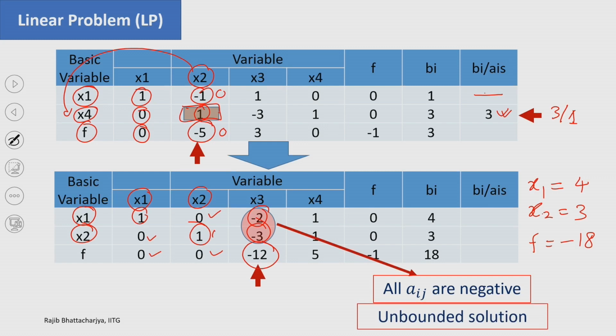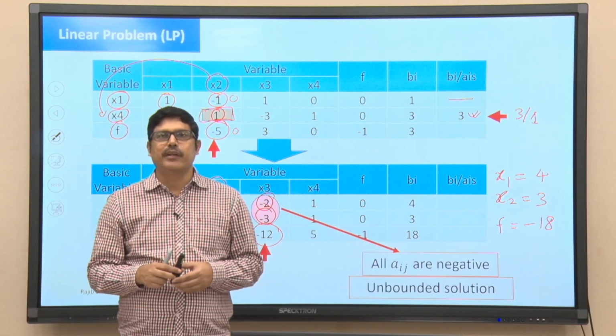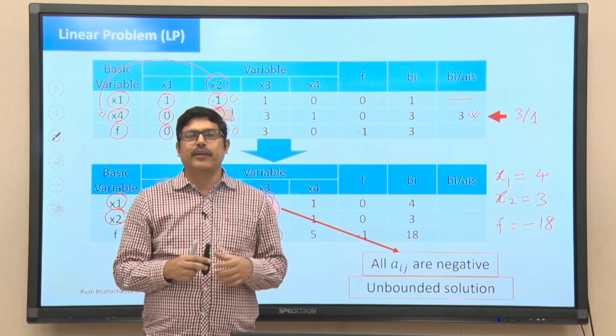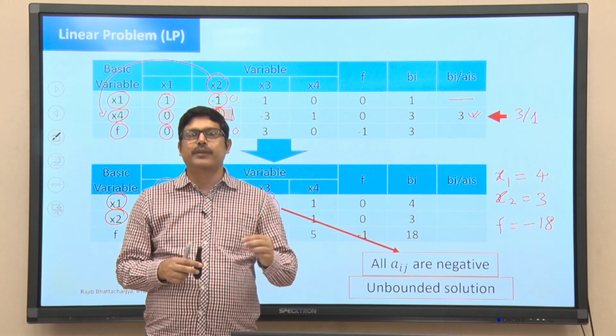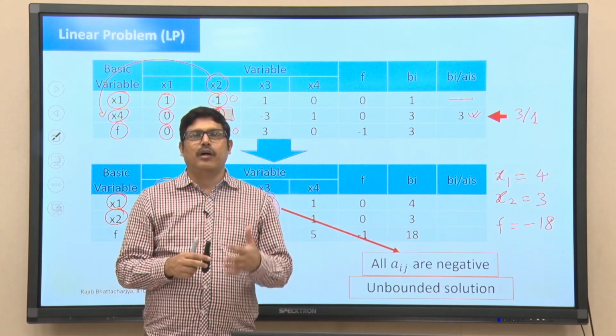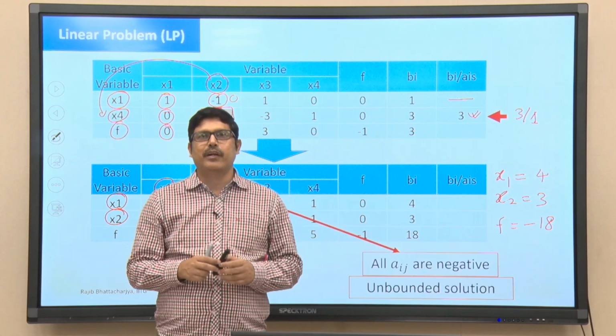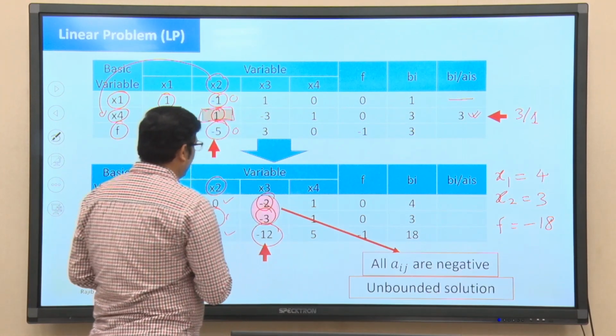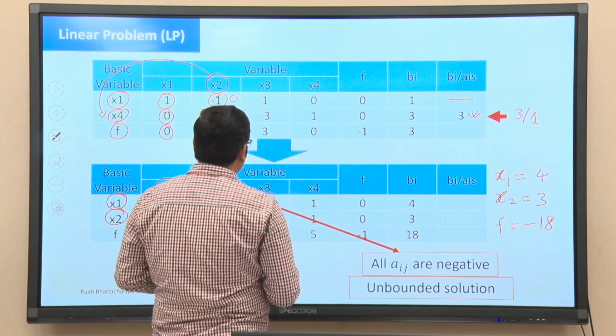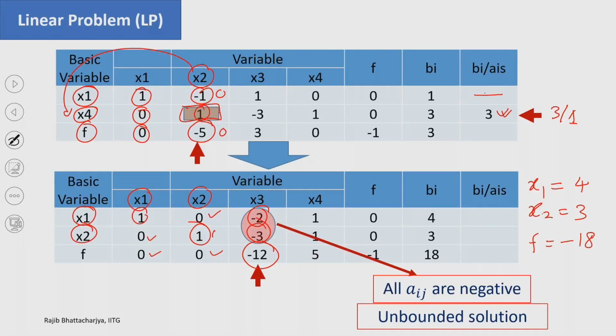So, this is an unbounded solution. Okay. So, you can go up to infinity, because the coefficients are negative, and the coefficient in the objective function row is also negative here. So, in that case you can go up to infinity. Therefore, this is an unbounded problem, that is, an unbounded solution.